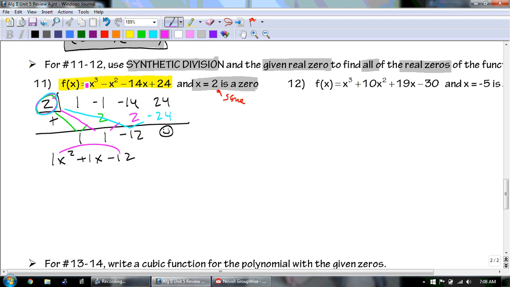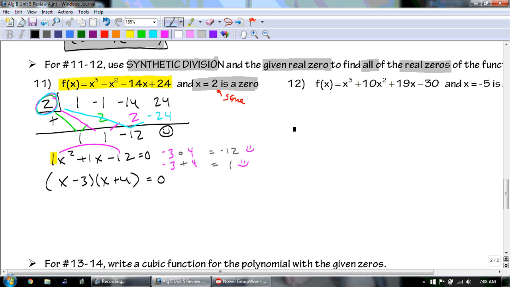I need to factor this again. So I'm looking for numbers that multiply to get to -12, that add to 1. I can't hear you, but I'm pretty sure you're saying 3 and 4, but this time the 3 is negative. Okay? I have an extra big smile on my face because my leading coefficient is a 1. So I get to go x minus 3, x plus 4, and I'm trying to find all the zeros.